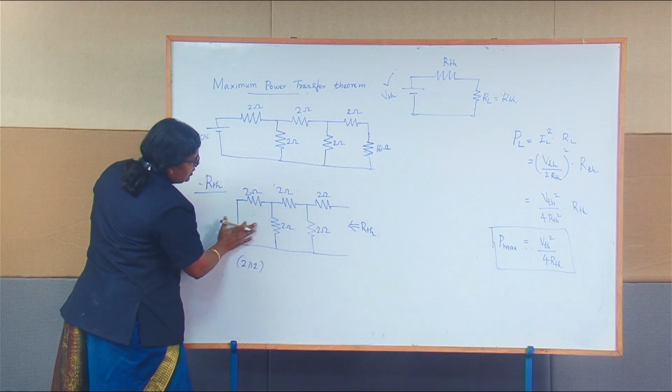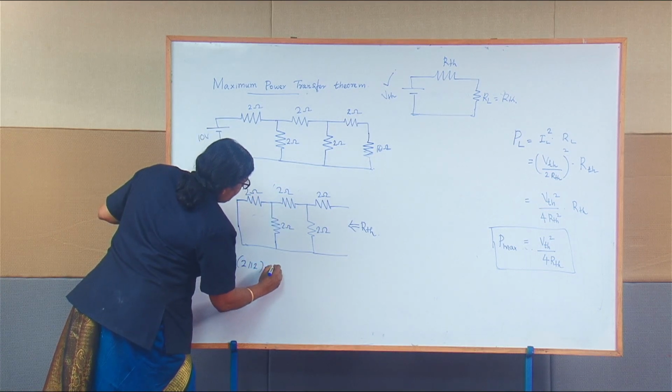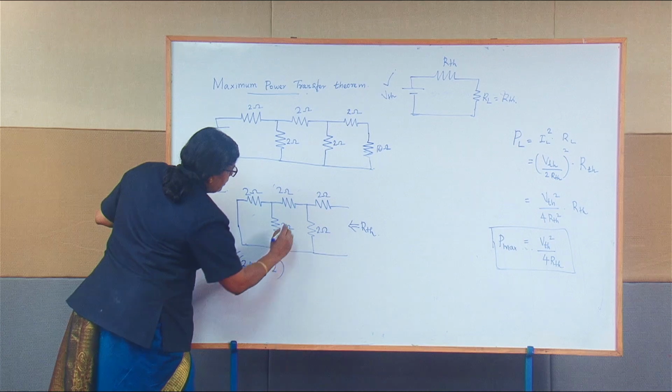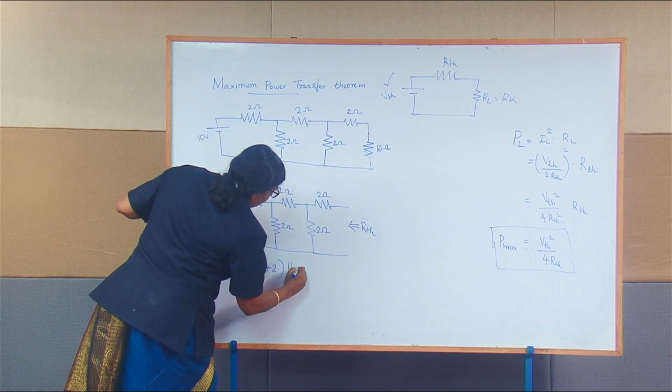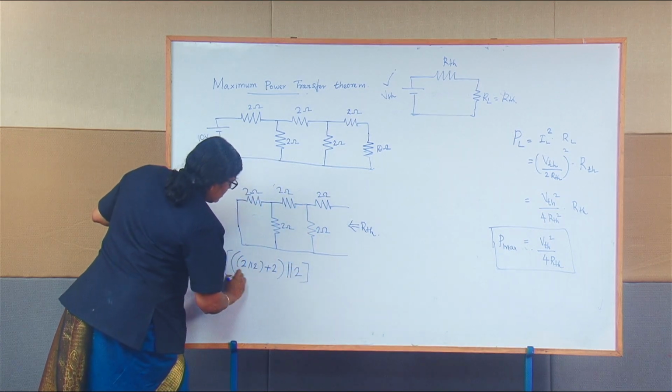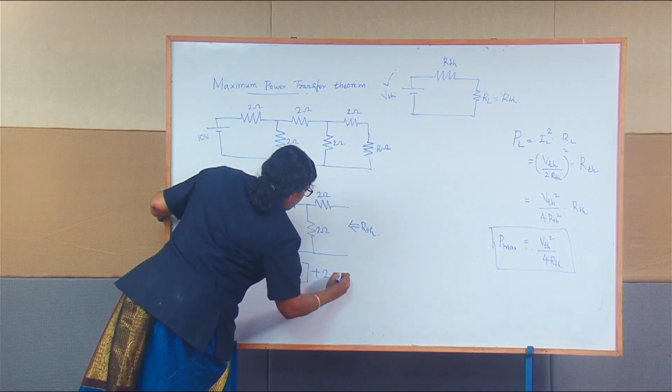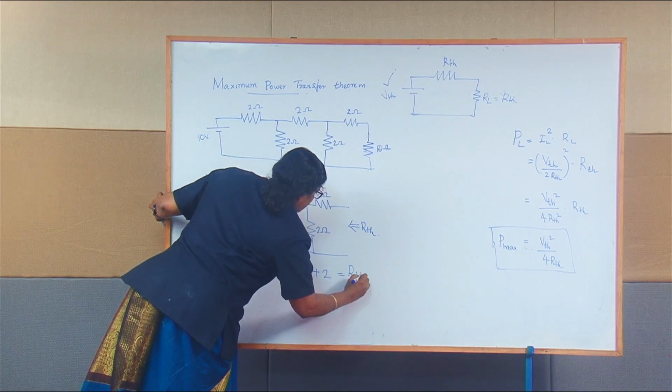The whole combination is in series with the 2, so you can write plus 2. Then this combination is in parallel with this 2. So that is 2 plus 2. That is your R Thevenin value.